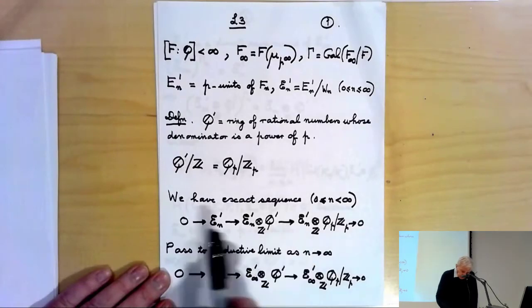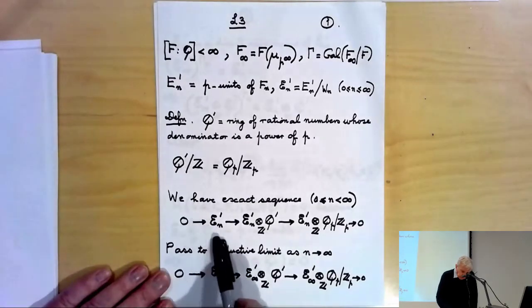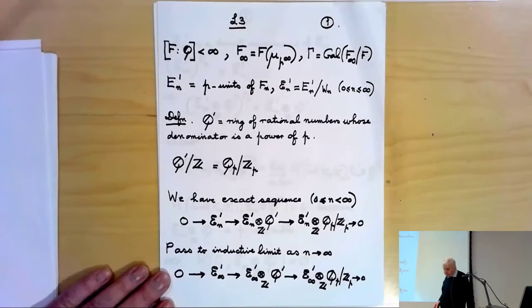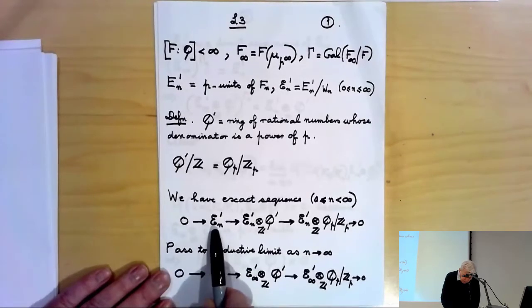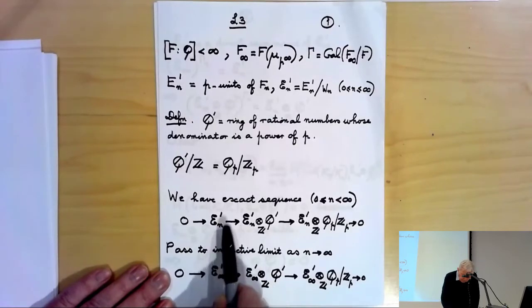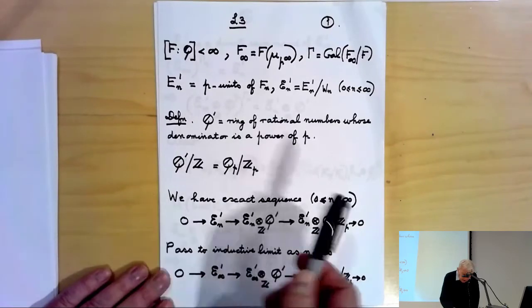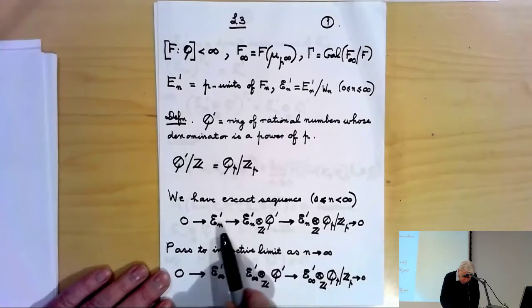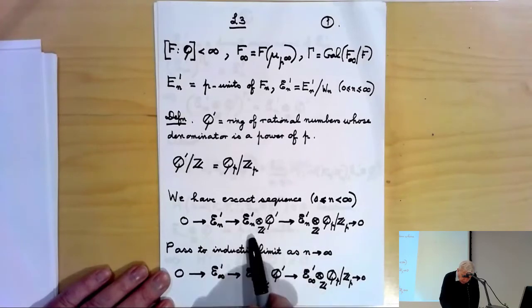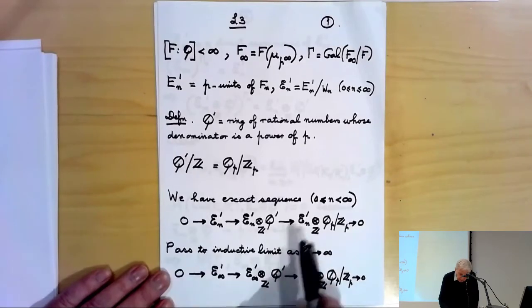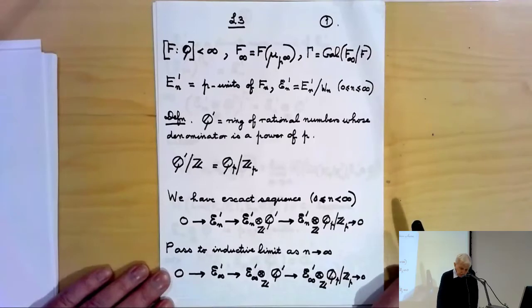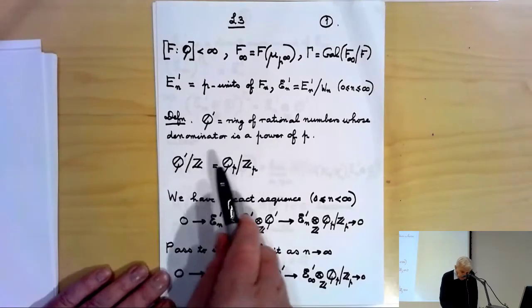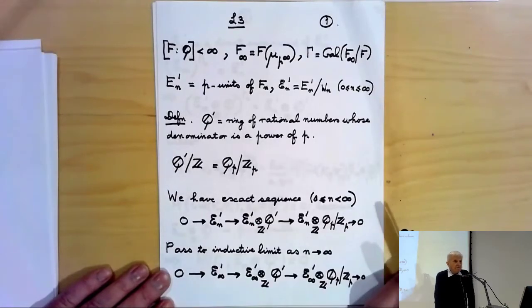And so, as a result, now let's do it for n finite first. If we look at this exact sequence here, 0 goes to E_n prime, and then E_n prime tensored Q prime over Z, the quotient is E_n prime tensored with Q_p mod Z_p, because Q prime mod Z is the same as Q_p mod Z_p.